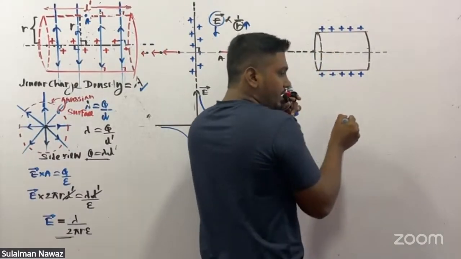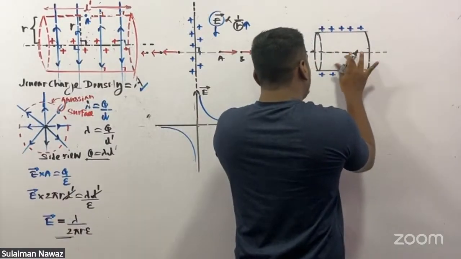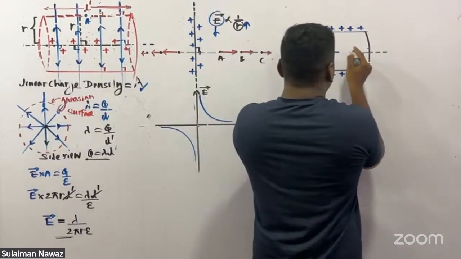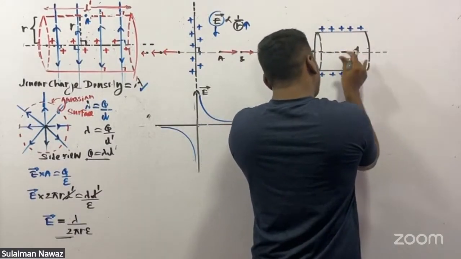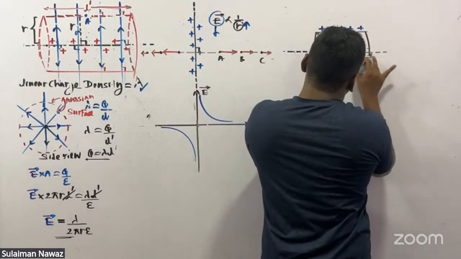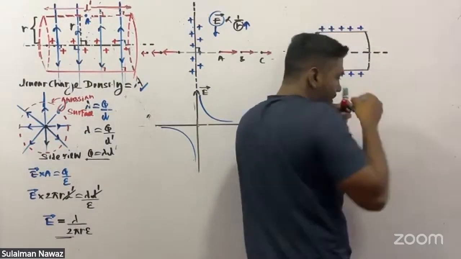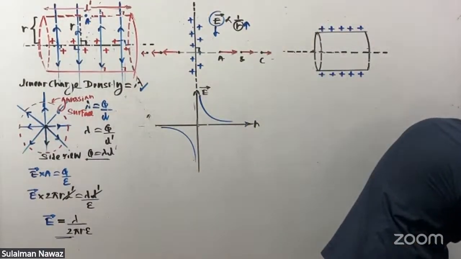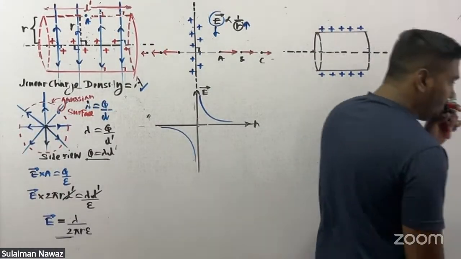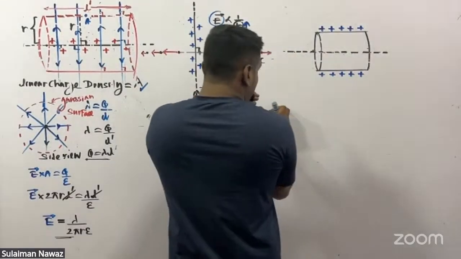It should be area charge distribution. It's area charge distribution. So they have given the area charge distribution as how much? That is given as sigma. Write down: area charge distribution is sigma.